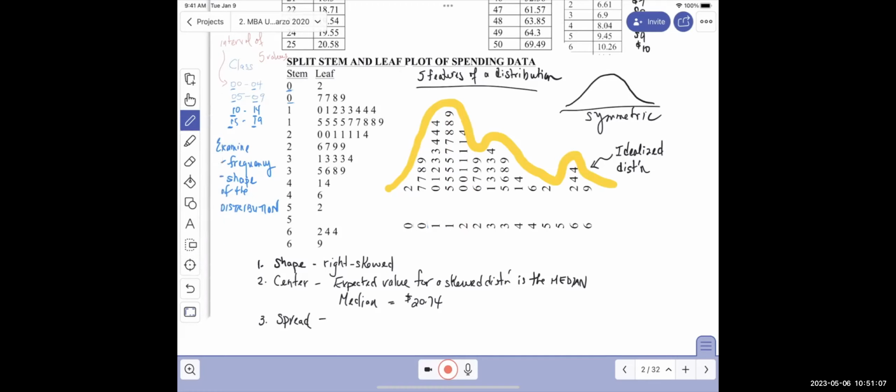So the spread will give us a better idea of how likely this center value is. We can say some descriptives: this is not so flat, but it's spread out. This is considerably spread out.